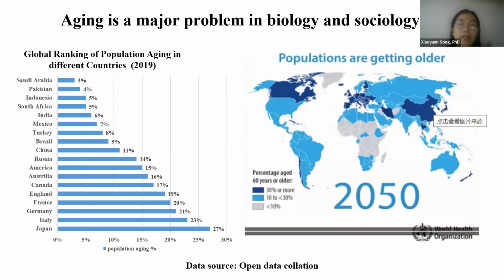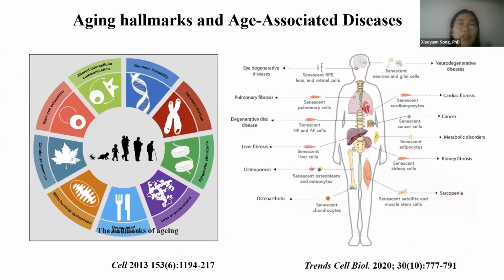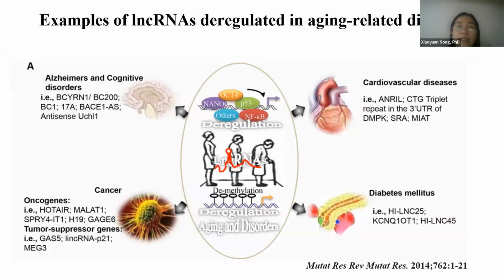Next, please. With age, some hallmarks show up, and age-associated diseases increase in occurrence. Next, please. Here are some examples of non-coding RNAs that are dysregulated in aging-related diseases such as AD, cancer, and diabetes.